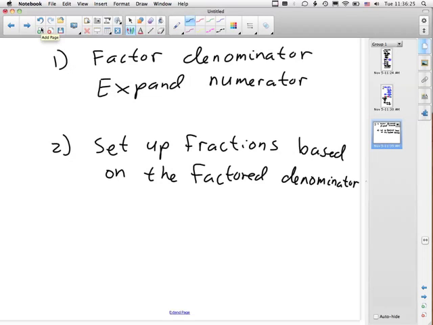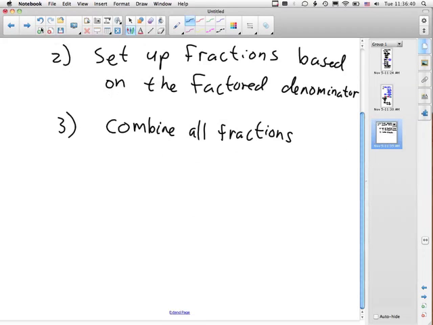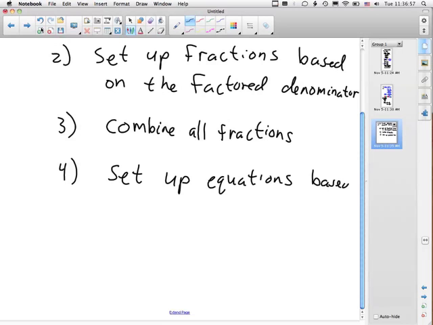Okay, that's step 2. Step 3, combine all fractions. Okay, we do that with common denominators. Step 4, set up equations based on powers of the numerator.